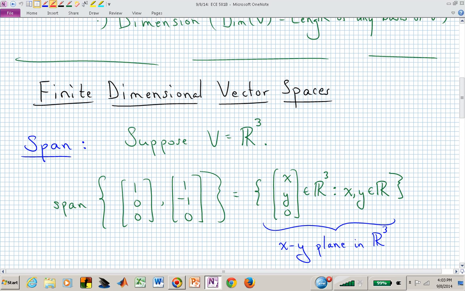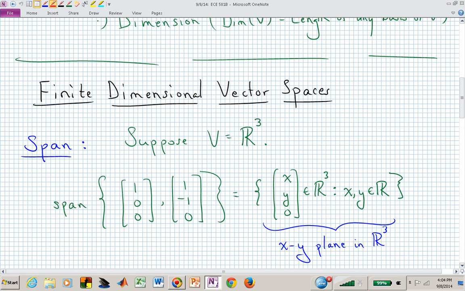We have the horizontal in 2 directions, x and y, and then we have the vertical, z. The span of (1, 0, 0) and (1, -1, 0): you can think of that as the x direction, and then going x and minus y.